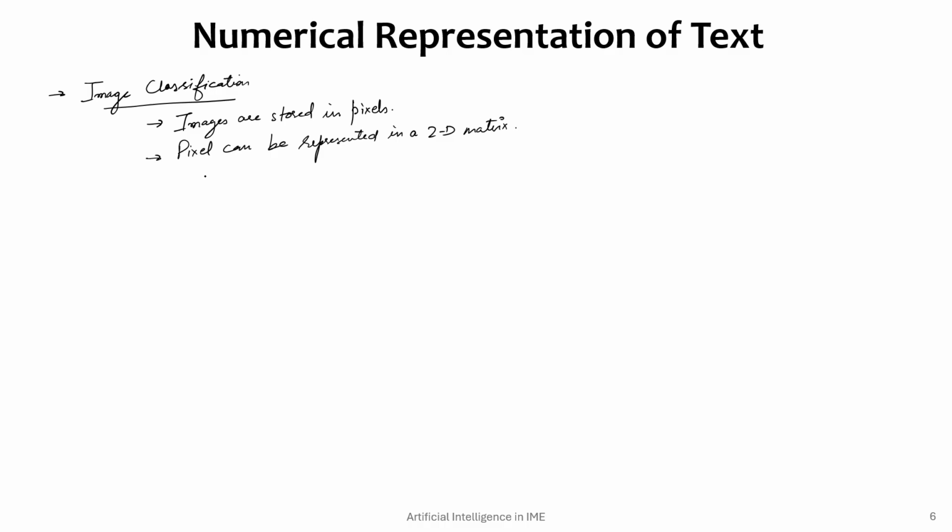Now, each value of this matrix will represent each pixel. So, each value i comma j represents a pixel, right. Now, with this matrix representation, we can utilize our different kinds of algorithms to perform image classification and the content of those images, right.